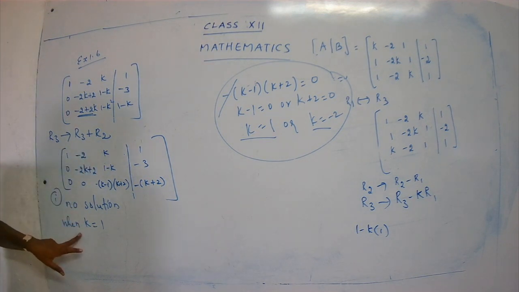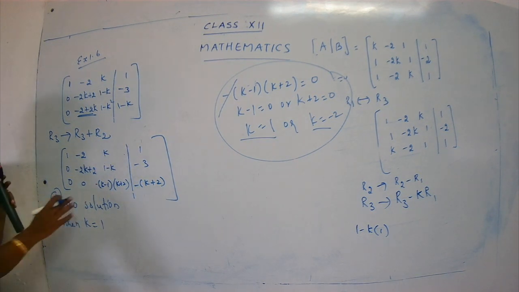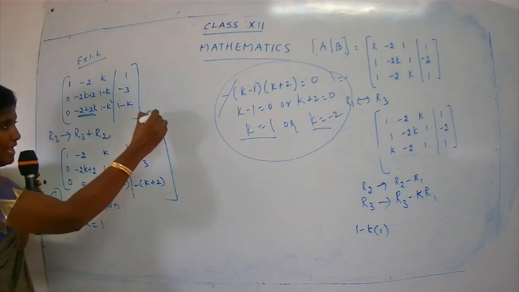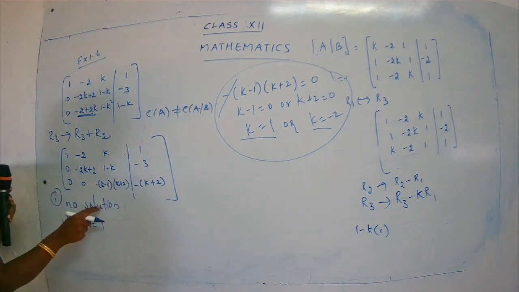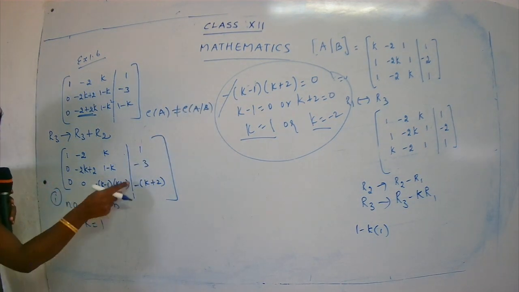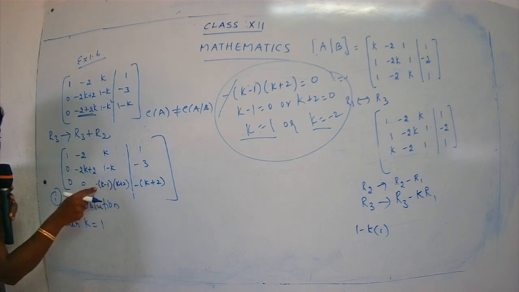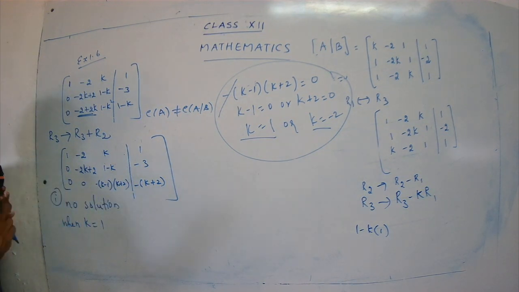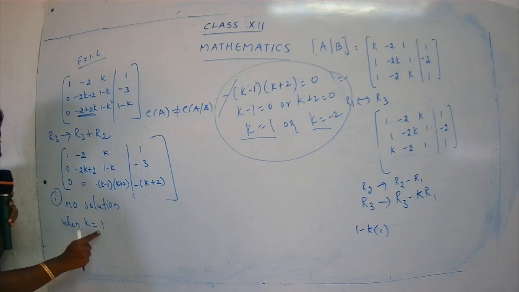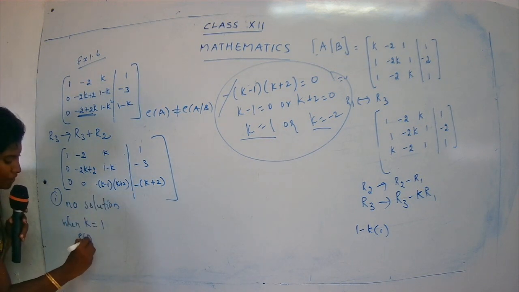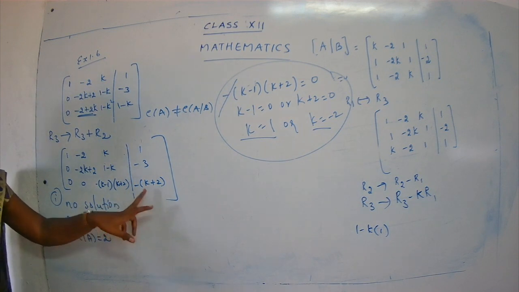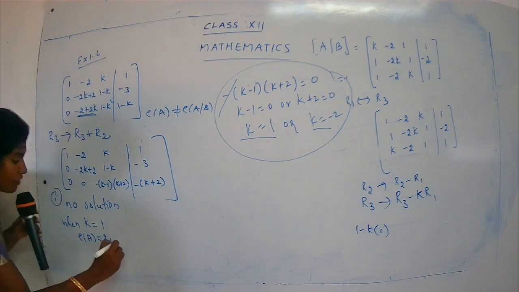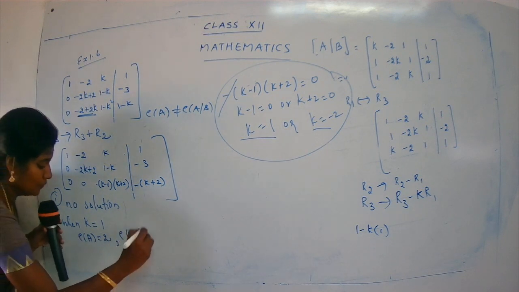So when you get no solution, I have told you that no solution means rank of A is not equal to rank of AB. Yes, children? So if I put K as 1 over here, the whole term becomes 0. So I get the rank of A as 2. Are you listening to me carefully? So when K is equal to 1, rank of A is equal to 2. And what about rank of AB? This is 1, so 1 plus 2 is 3. So I get minus 3, and rank of AB is equal to 3.